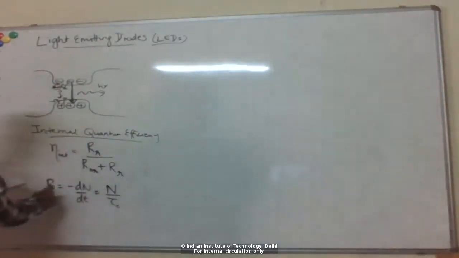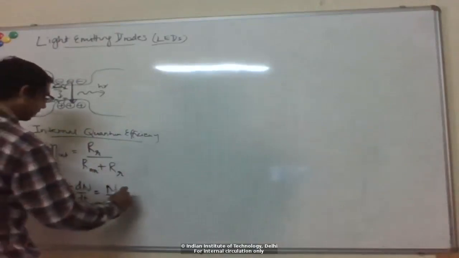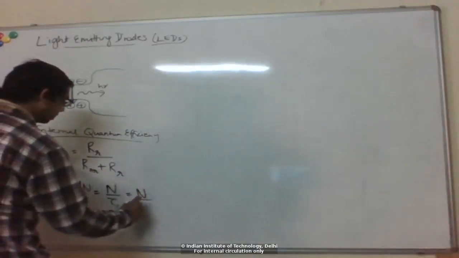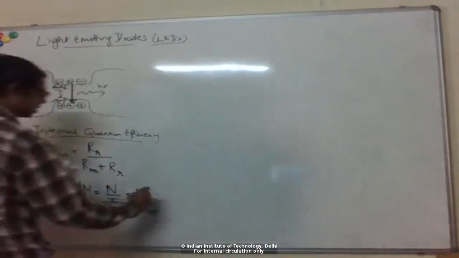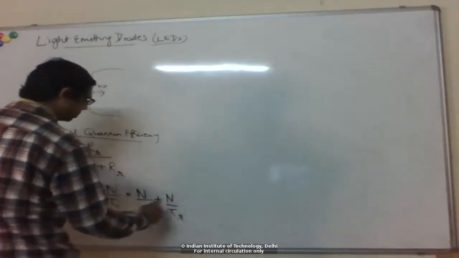If we write the total rate as a sum of the non-radiative and the radiative rate, we can define a non-radiative time constant plus a radiative time constant.